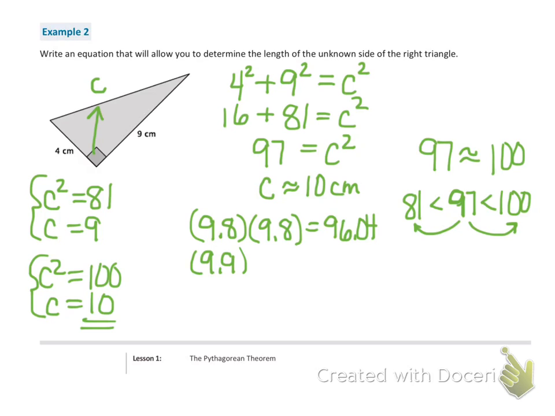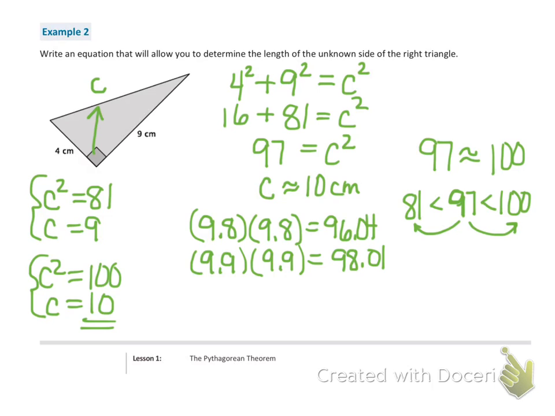And doing this, I can kind of zero in on my number. So now I'm going to do 9.9 times 9.9. And I'm getting 98.01.